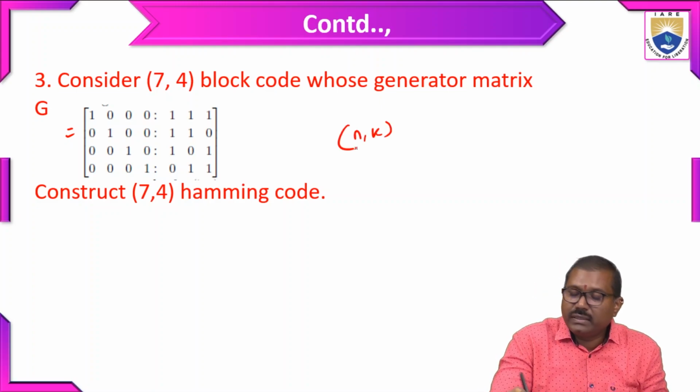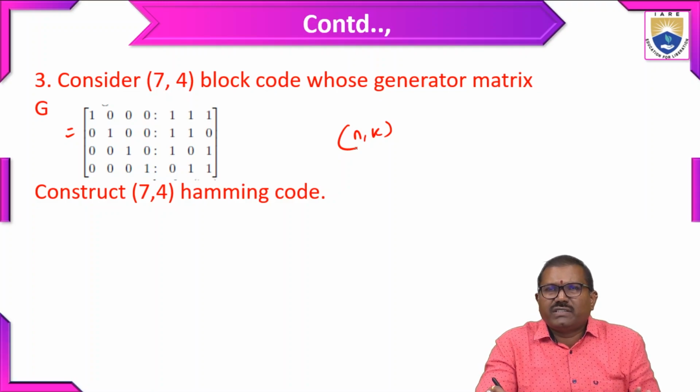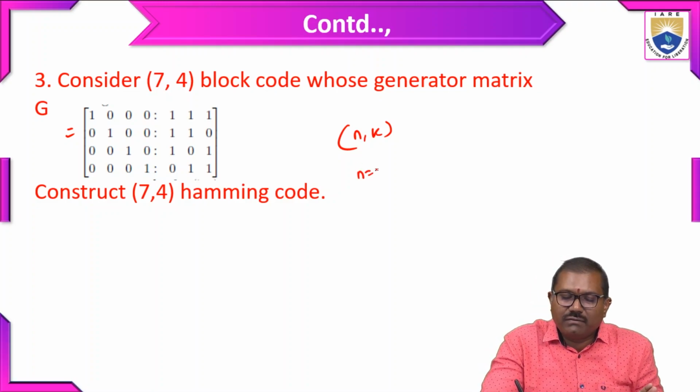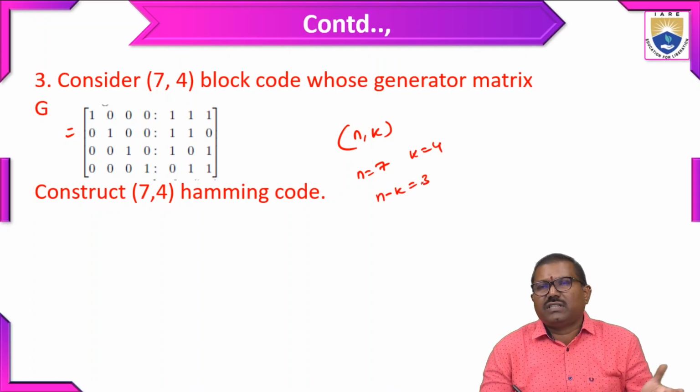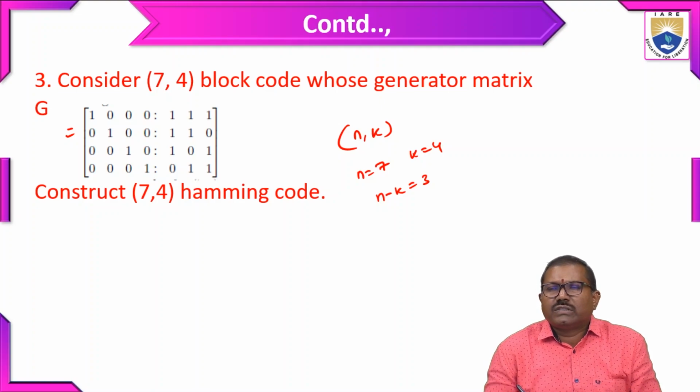For any problem you must find the n value. So the n value is 7 and the k value is 4. n minus k is 3 parity bits, 3 check bits, 4 message bits. Finally, my code size is 7.